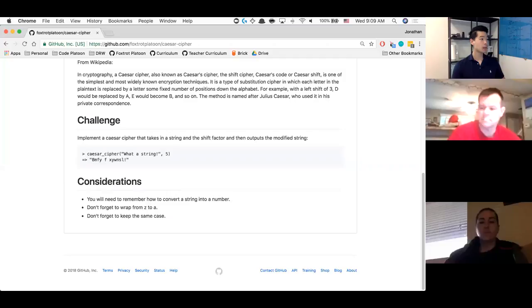Add the shift amount to it. If the result is greater than 26, subtract 26, find the letter in that uppercase or lowercase hash, and add that number to the string. Otherwise, if it's less than 0, same thing. Add 26 to it, find the letter in that same uppercase or lowercase hash, and then add that to the answer. I think this is a fairly good place for us right now.